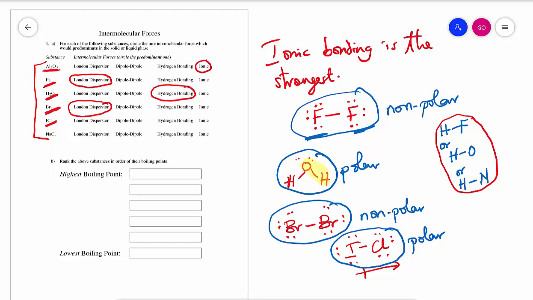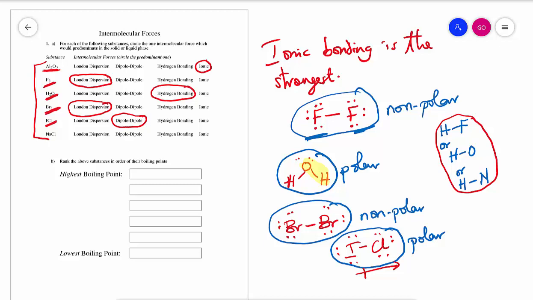Does it have hydrogen bonding? Nope, it does not. Is it ionic? No, it is not ionic. So the predominant intermolecular forces in ICl will be the dipole-dipole. And lastly, let us take a look at NaCl.